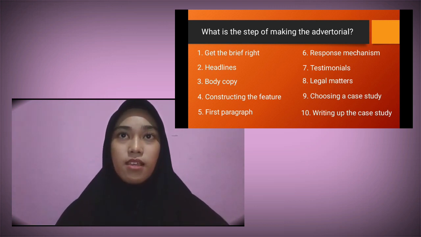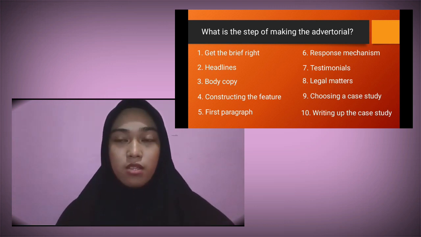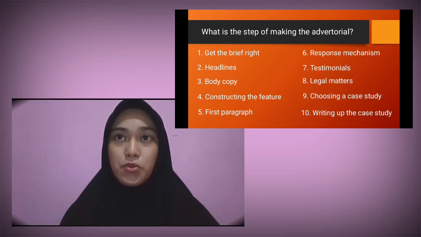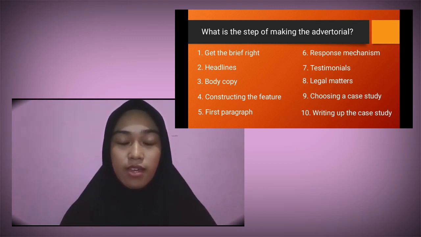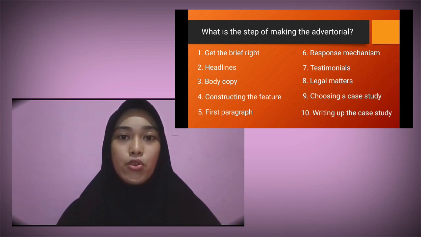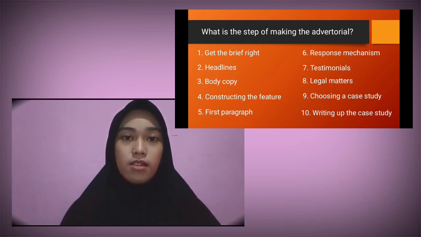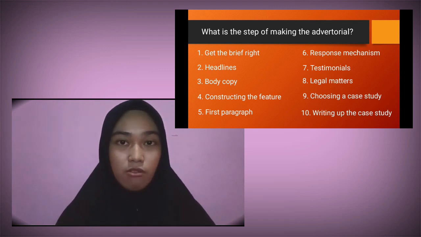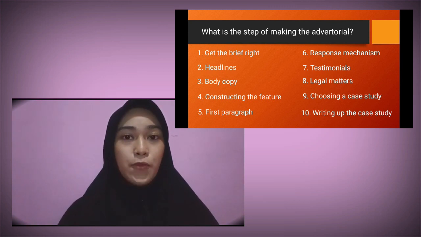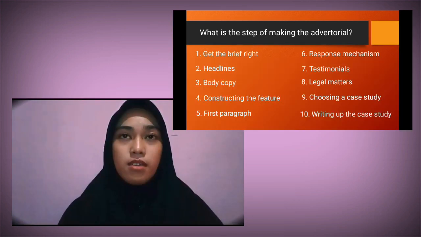Next, the sixth is response mechanism. So we should tell the customers how they can get the product or the service that we sell. So we should give the information about our contact, such as our phone number. And next, the seventh is case studies or testimonials.